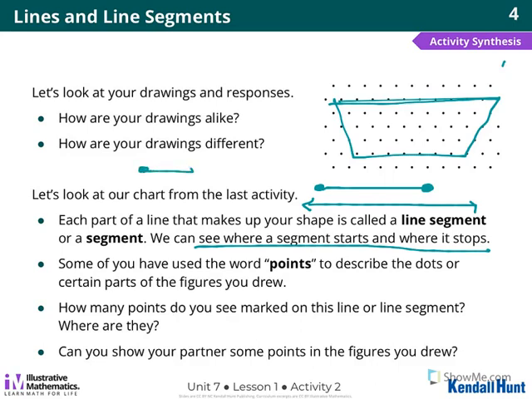Yeah, that's a line. Yep, so this is a line. This is our segment. And then this is going to be a ray, which we'll get into. So, points are just the dot, right? Each of these little dots are points. Okay.